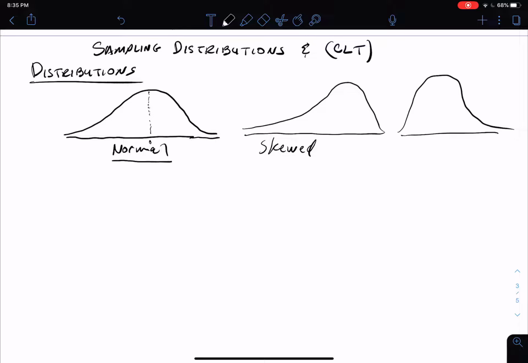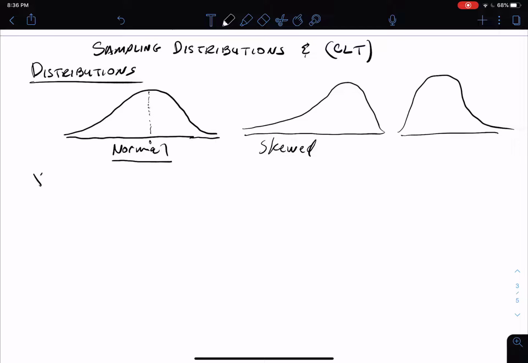The point here is that not all populations come from a normal distribution. And if there's a way we could connect these skewed or different types of distributions and get them to be approximately close to a normal distribution, once you do that, now you unlock the standard normal and z-scores and all that.